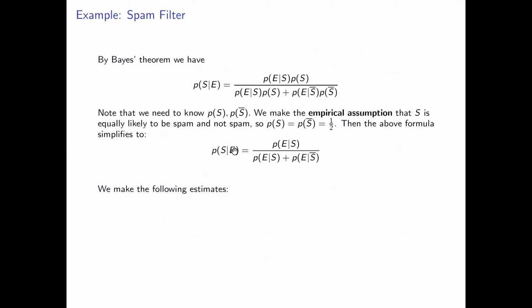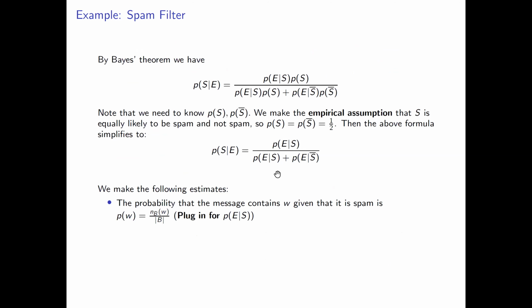Right, and so we're at this point where we've canceled out the terms involving P of S or P of S bar. And so the conditional probability we're interested in, we can calculate just as the probability of E given S divided by the probability of E given S plus the probability of E given the complement of S. Now at this point, we need to interpret the quantities appearing on the right-hand side in terms of the data we've been given.